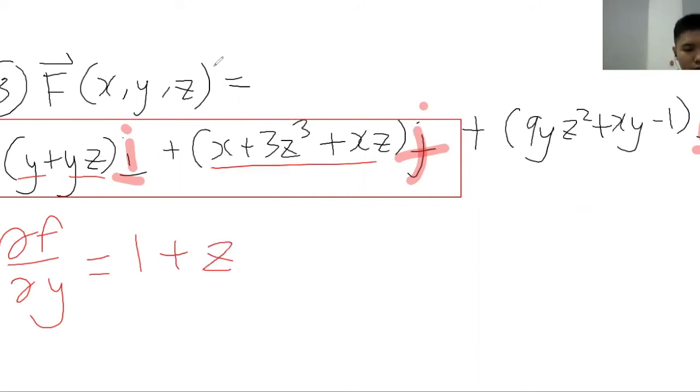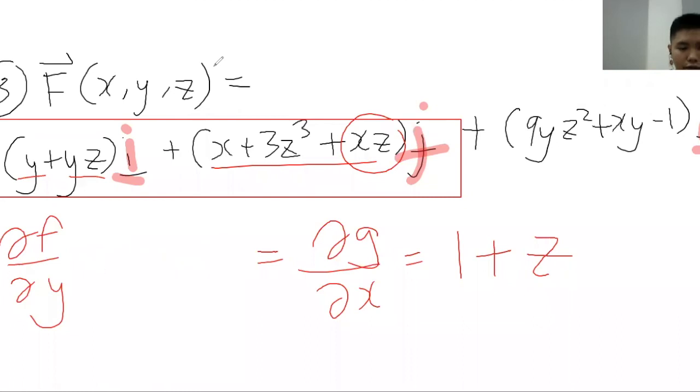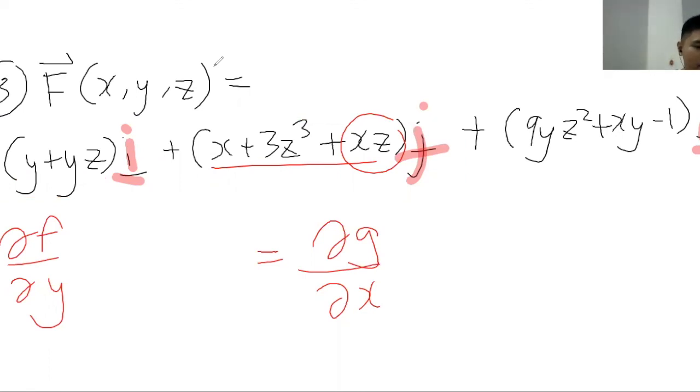And this one is in terms of x, and differentiate is 1, plus this doesn't have any x, so it's 0. Okay, I have to write it. And this one differentiate, I got z. So these two are the same. We can say df/dy is equal to dg/dx. So the first test is pass.